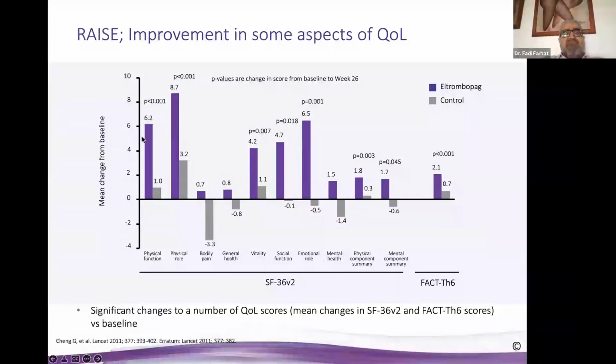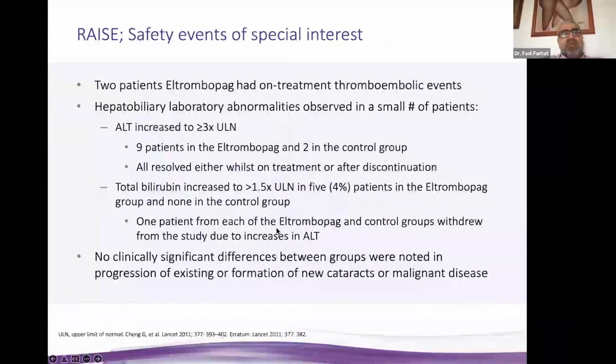And for the quality of life, we can also observe that really it was better in the arm of L-Thrombobag. Concerning the safety, we have to say that two patients had thromboembolic events, and some had abnormalities in the liver function tests. All resolved when the treatment was discontinued or stopped for a while.